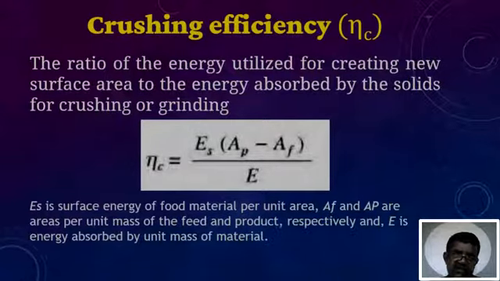That is, eta C is equal to Es into (Ap minus Af) by E. Here Es stands for surface energy of food material per unit area. Af is the area of the feed particle. Ap is the area of the product. E is the energy absorbed by unit mass, that is 1 kg of material.